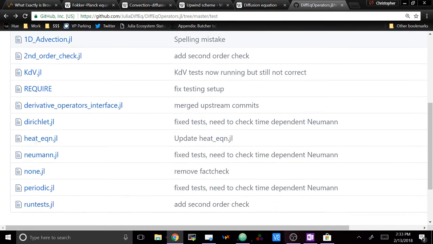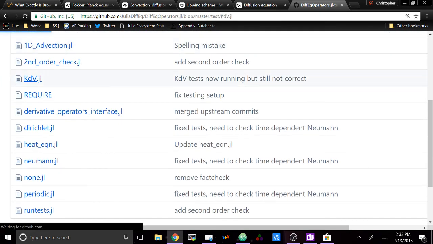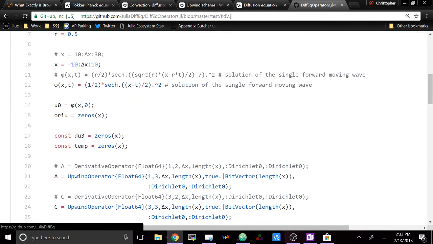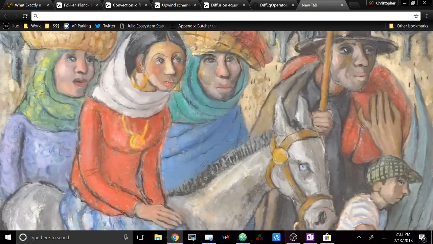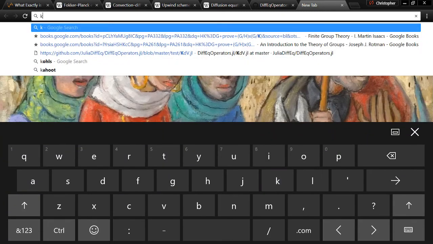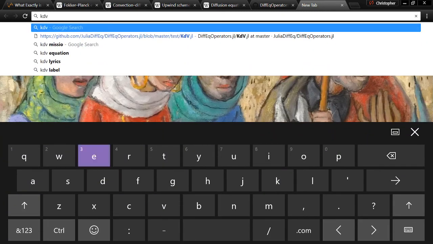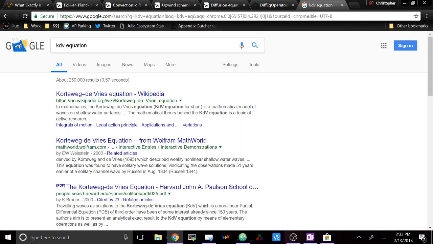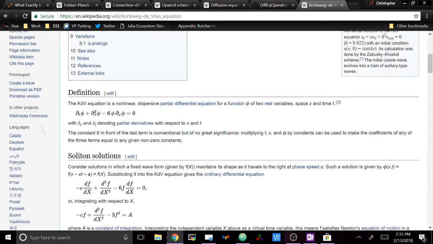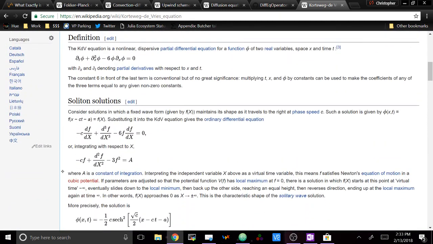But then when we go to the KDV equation, let me pull that one up here. It's just this guy. This is another equation where you want to be using these upwinding operators.